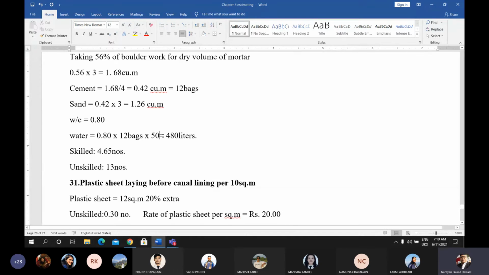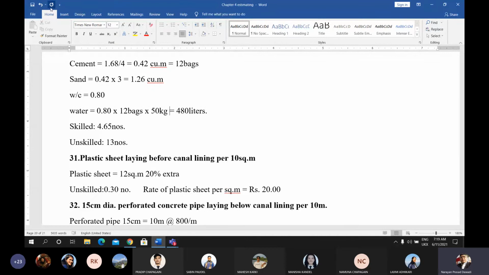For a bag you will get 50 kg, which is equal to 50 liters, which gives 12 into 50 is 600, 0.8 into 600, 480 liters. Okay, you can find the water also.